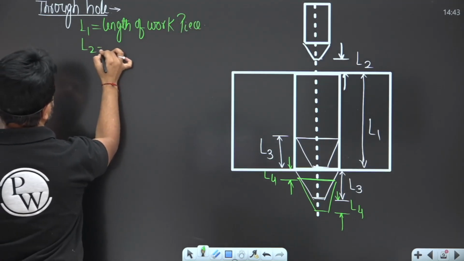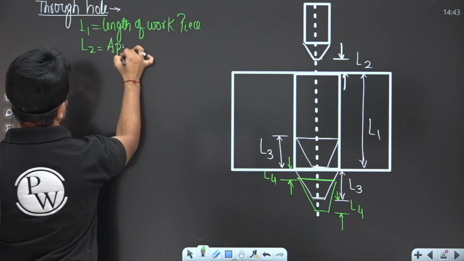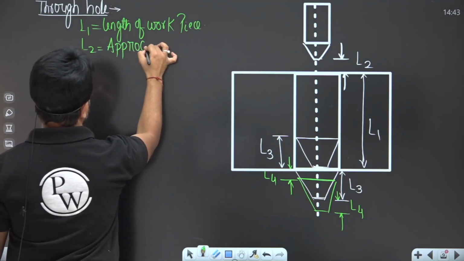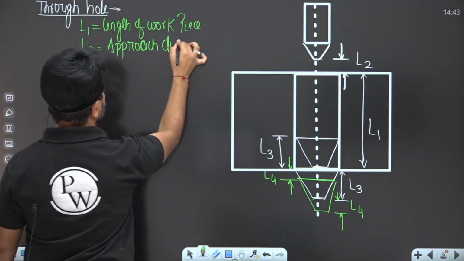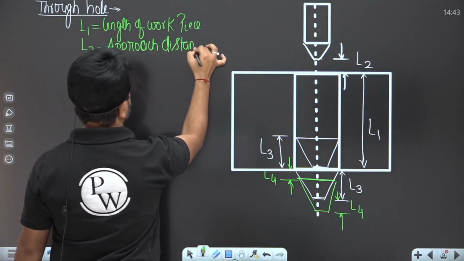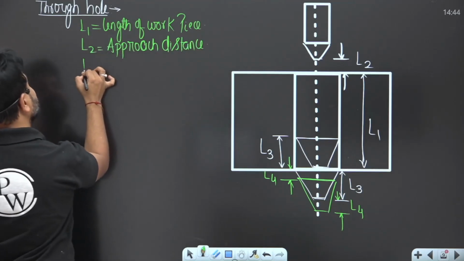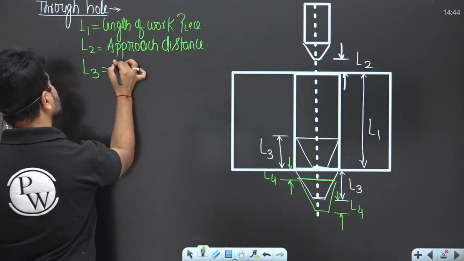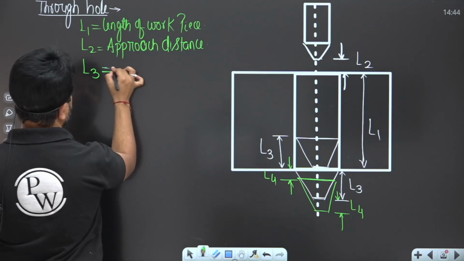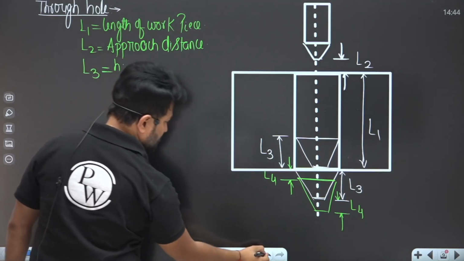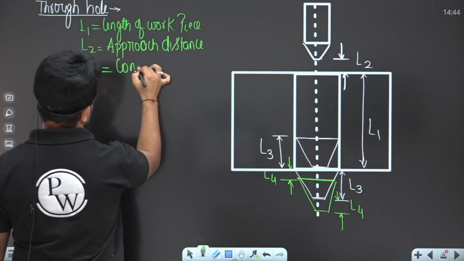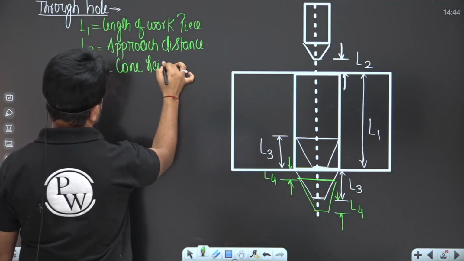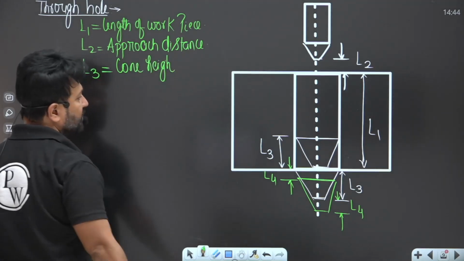L2 is the approach distance. L3 is the cone height.